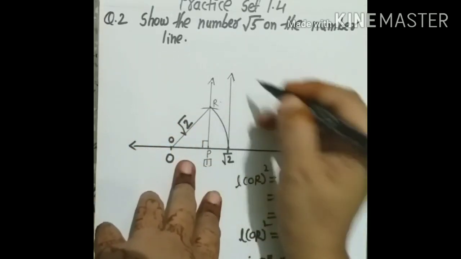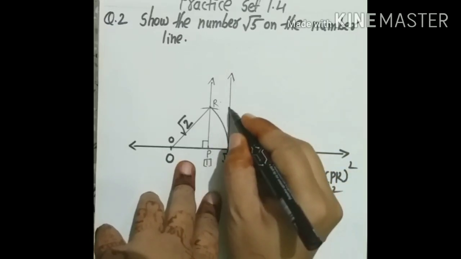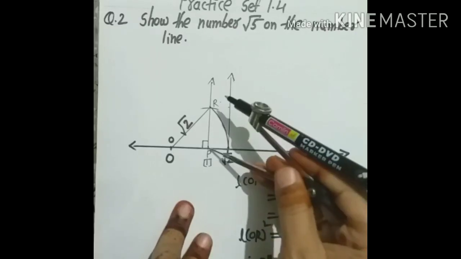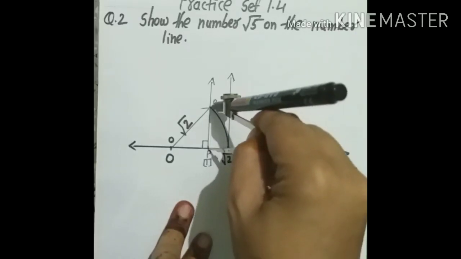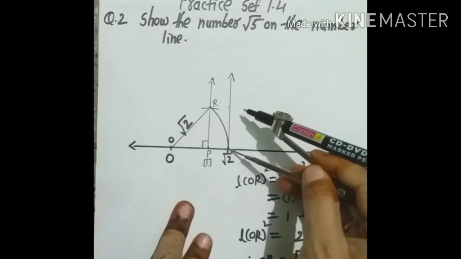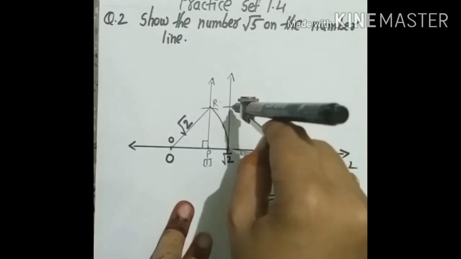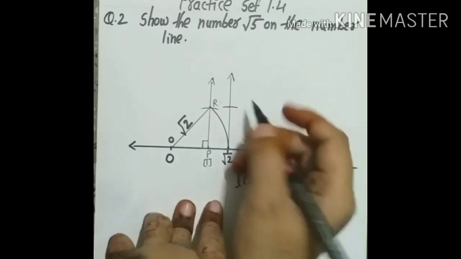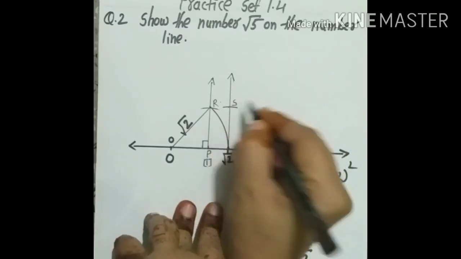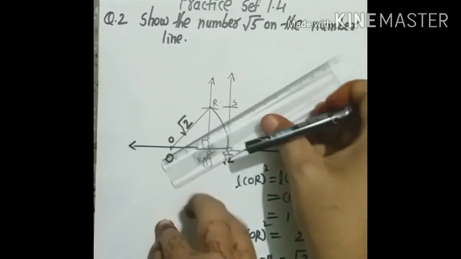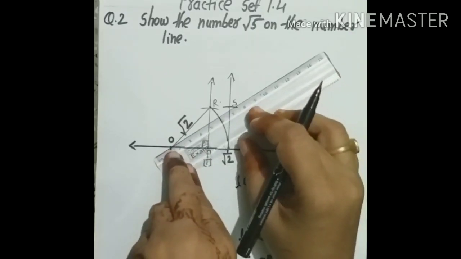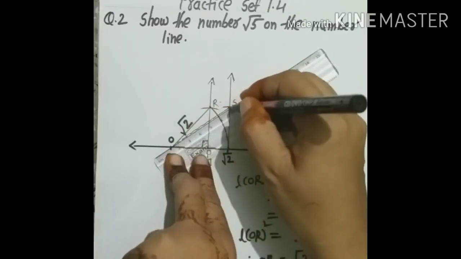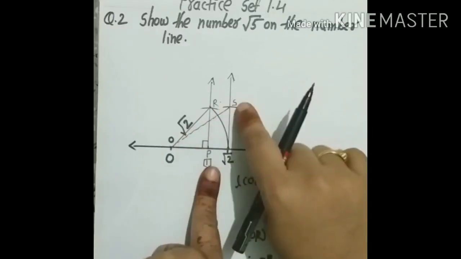Here also, children, same, take 3 centimeter and draw an arc on this line. Measure 3 centimeter exactly, like PR. Keep the compass here and take an arc. Here, children, give this arc the name S. Now join S and O with dotted lines.